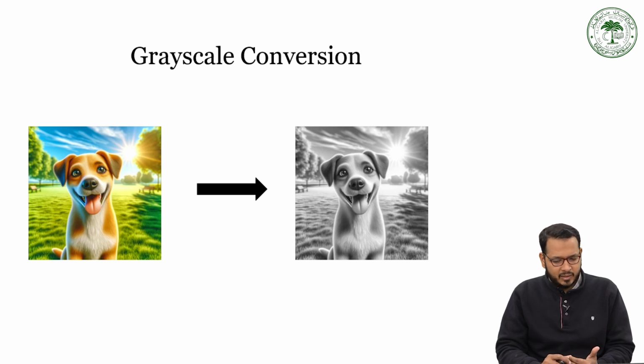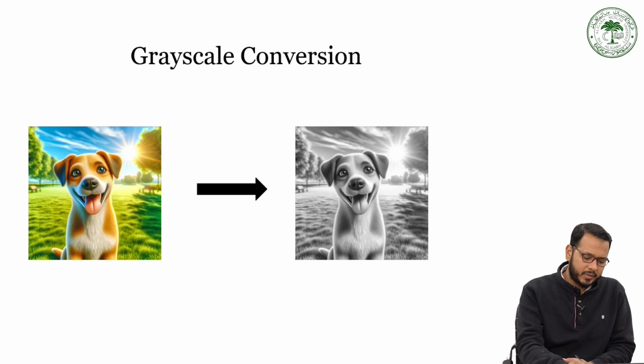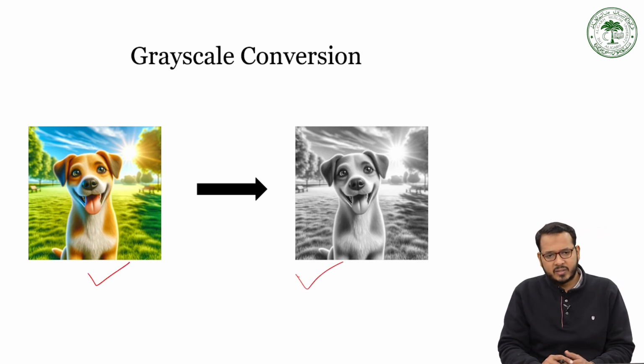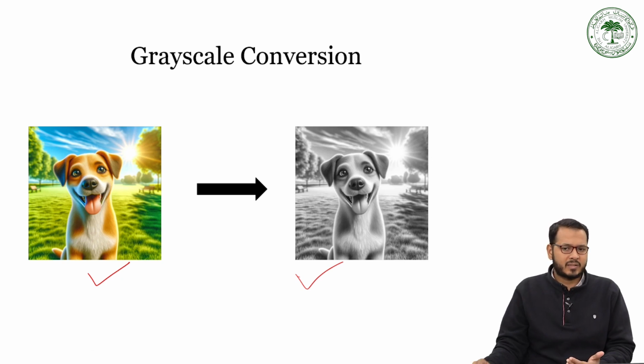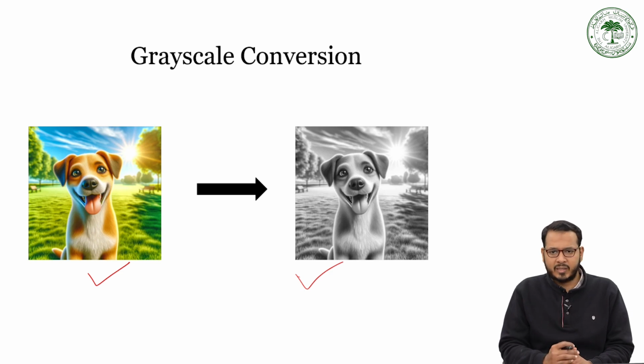So grayscale conversion, as you can imagine: you have been given a colored image, and using some operation we convert that into a grayscale image. Now, once again, let's discuss what the benefit is. Converting color images into grayscale images, as I told you earlier, reduces the complexity of the model and helps in further analysis.